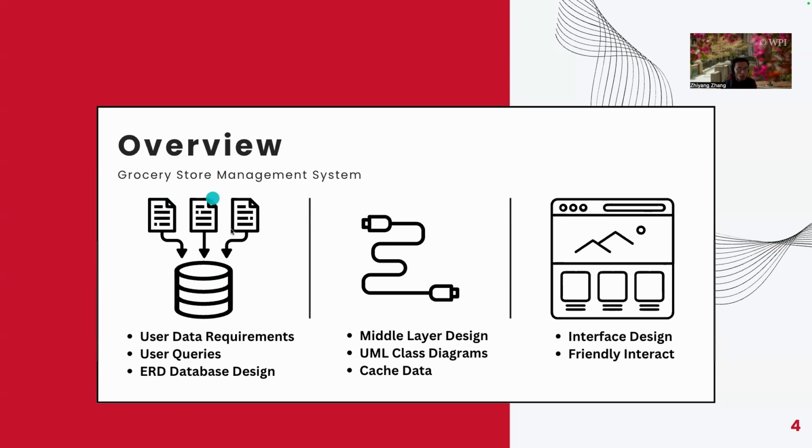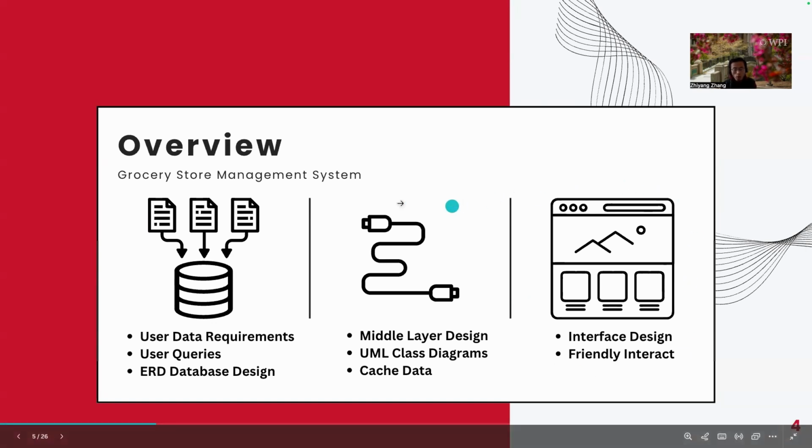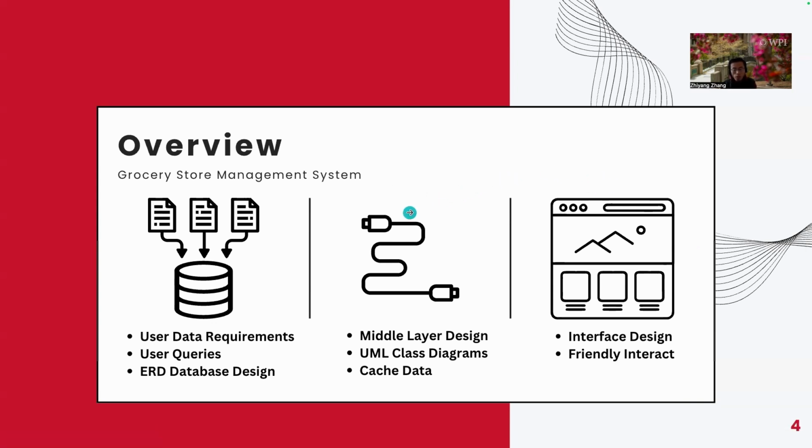We use the database to store users' data, and we also have an interface to interact with users. We also have a middle layer to connect the database and interface. The middle layer fetches the data from the database and delivers it to the interface.